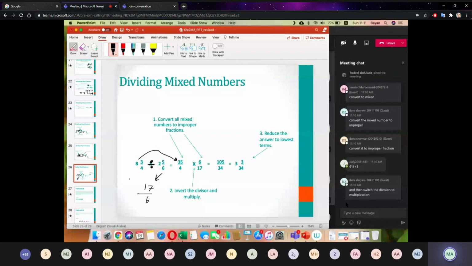Here we have 35 over 4 divided by 17 over 6. Then we change this dividing to become multiplying. We upside down this fraction to become 6 over 17. Then we multiply. 35 by 6 will give you 105. 4 times 17 will give you 34. Then you reduce it to the lowest term, will give you 3 with 3 over 34. Clear?